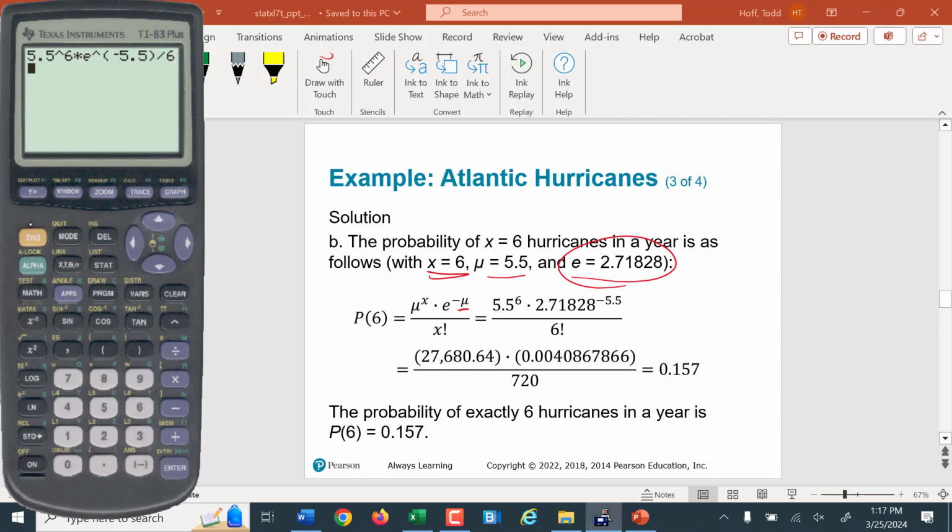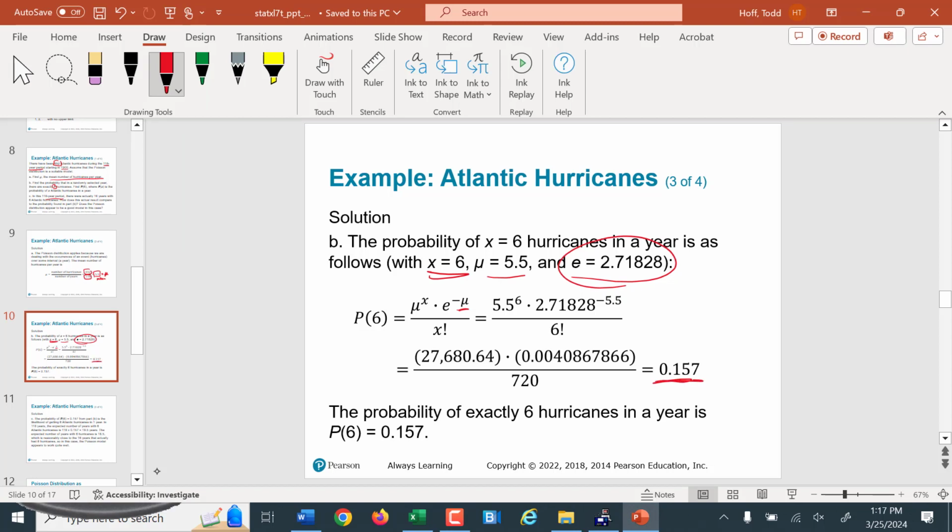So x is 6. To put in the factorial, we go to math, probability, and option number 4 there is our factorial. If I hit enter, I get 0.1571, exactly what we got on our slide for our probability. So the probability of getting exactly 6 hurricanes in a year is 0.157.